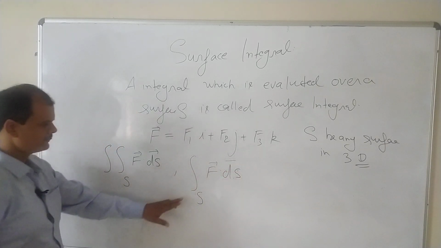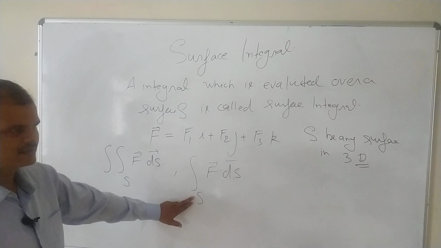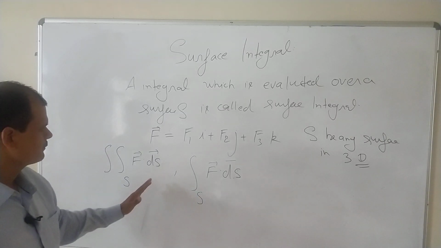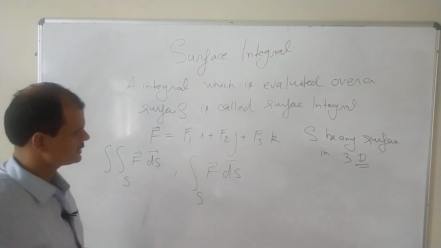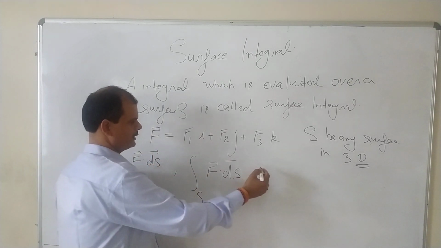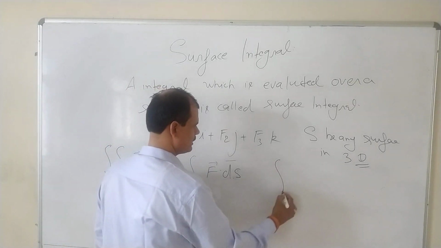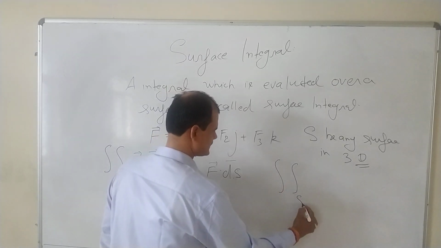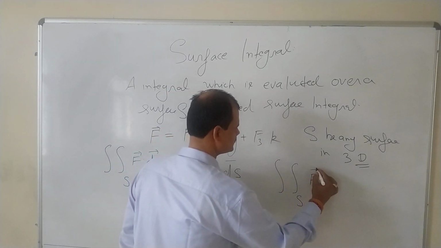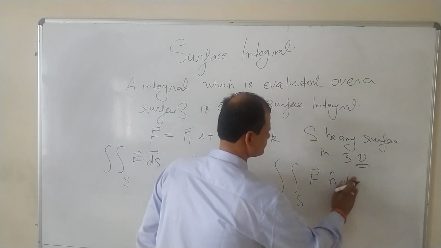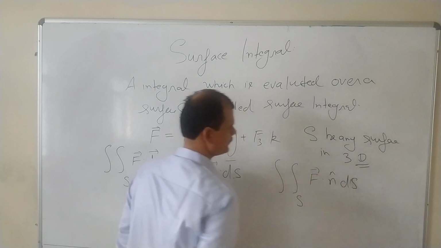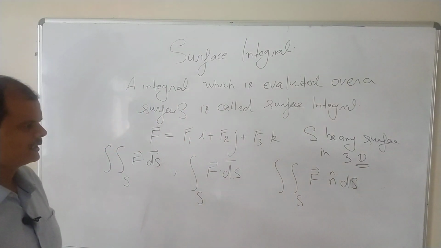Some books write it as a double integration, some write a single integration. Or we can say double integration over S of F dot n dot dS.